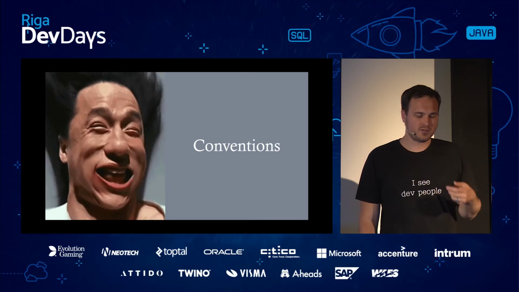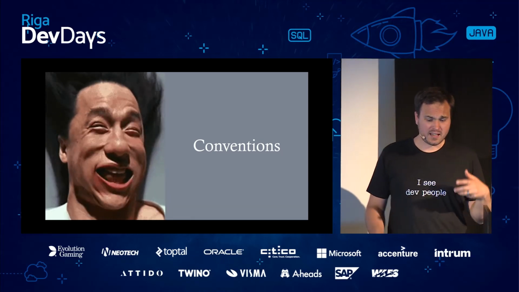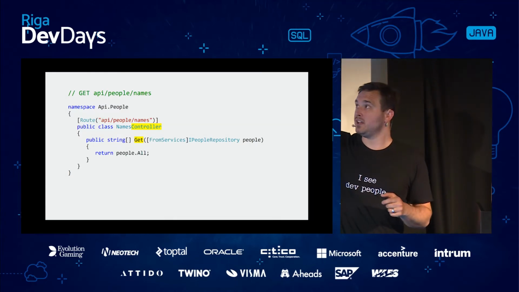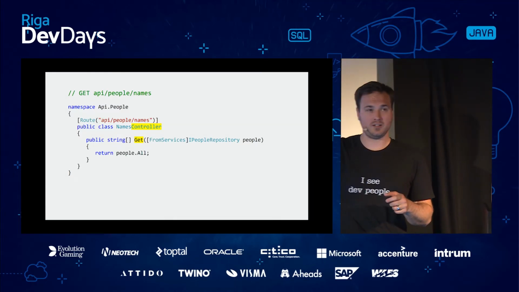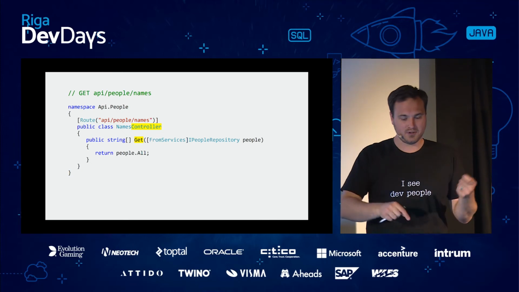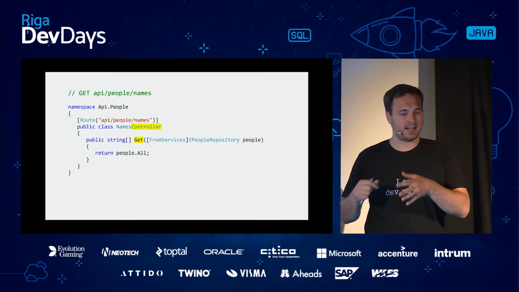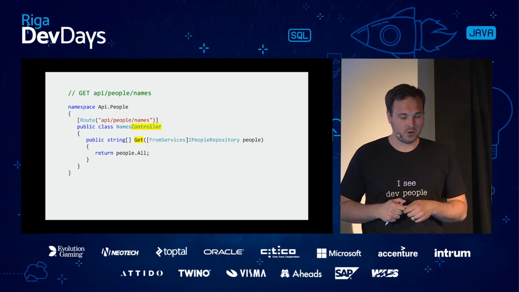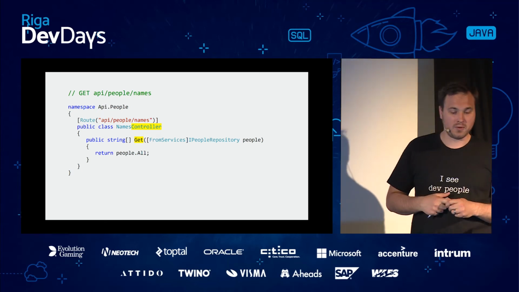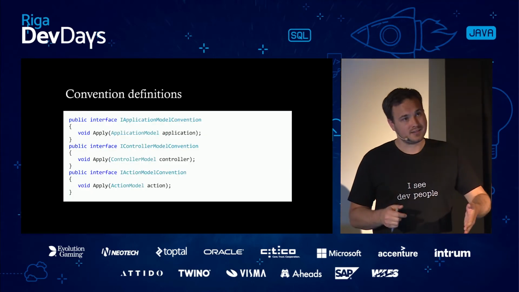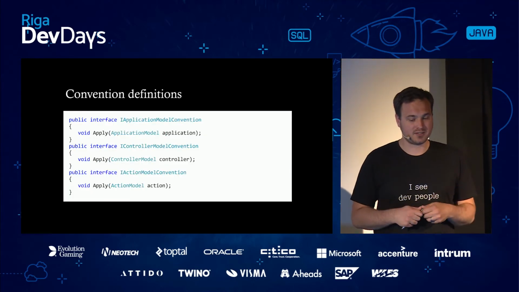Now, it's also possible to build your own conventions. It uses controller as a suffix, and it infers the gets and posts for the functions. But let's just say I don't like that way of working. Let's say I want to be able to make my own convention. You can do that by implementing interfaces.